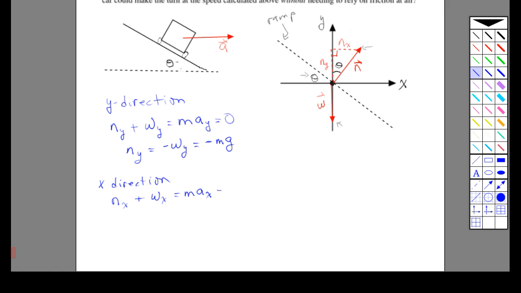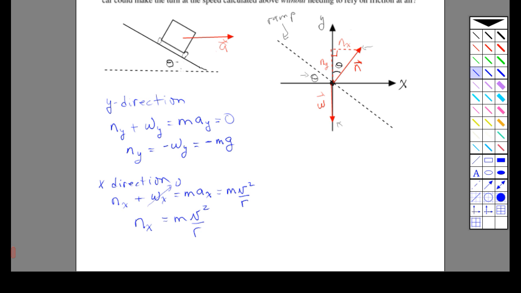Here the x component of the acceleration is centripetal acceleration, related to the speed the car is going squared divided by the radius of the curve. The weight doesn't have an x component, it's straight down, so this term is 0. So the x component of the normal force is equal to mass times the speed squared over the radius.